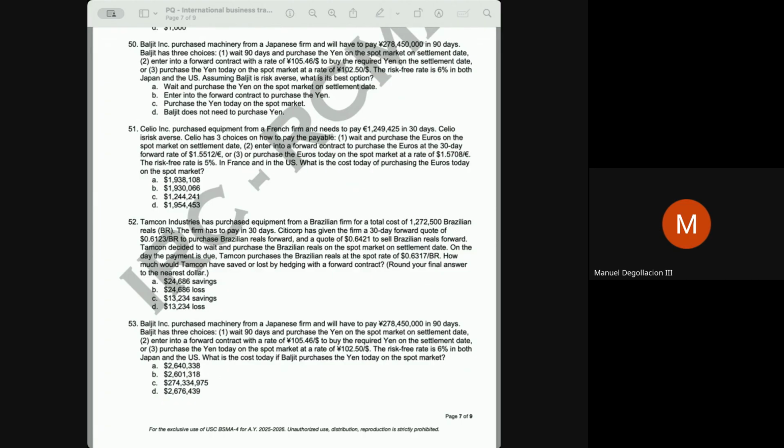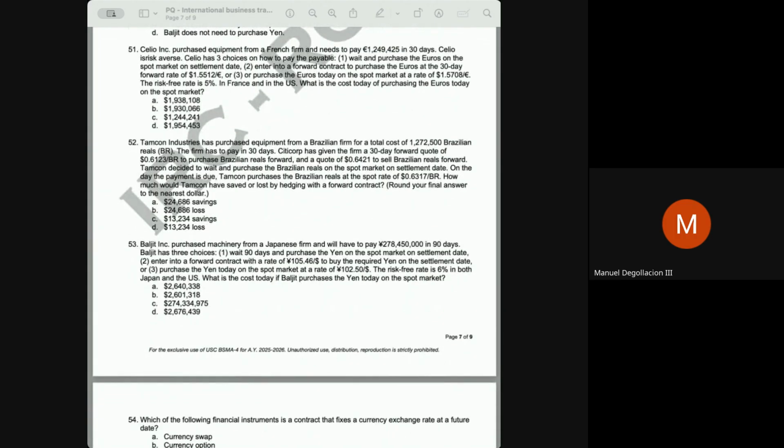We have a similar problem here. I'll just give you the answer. The answer is 1,954,453, or delta. 52, similar problem to one we've already discussed. Answer would be 24,686 savings, letter A.